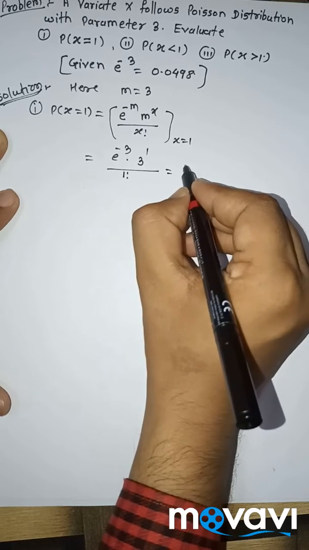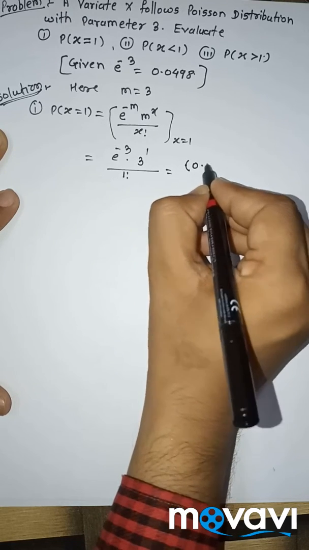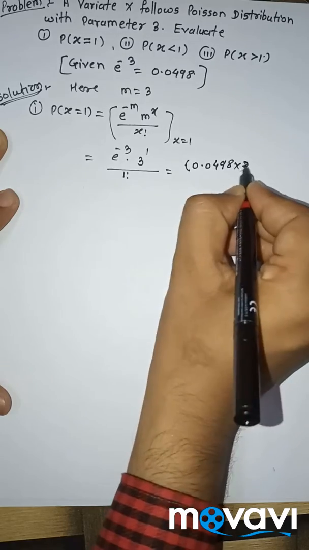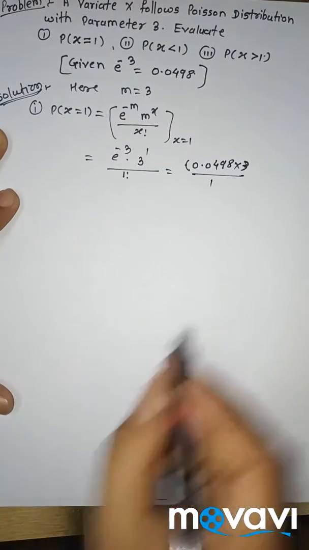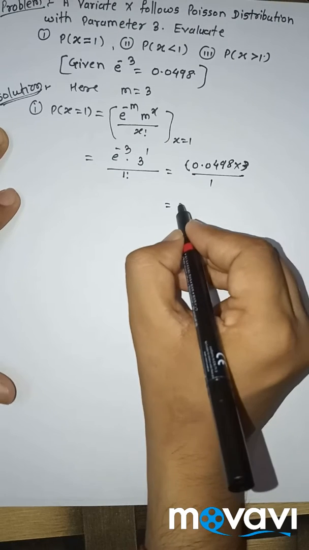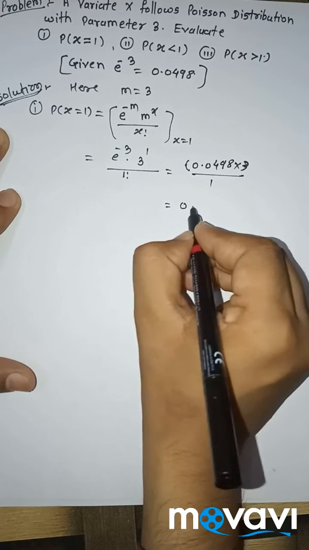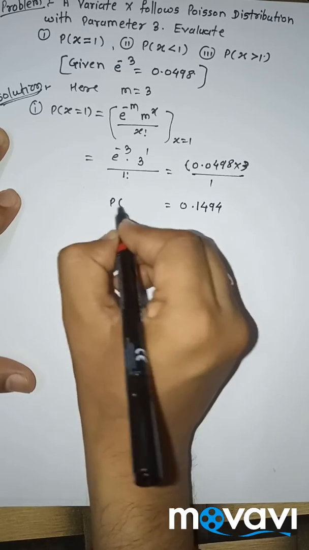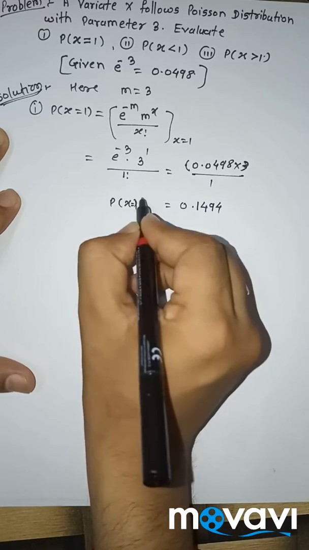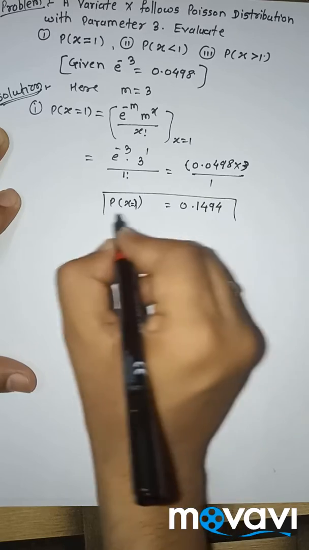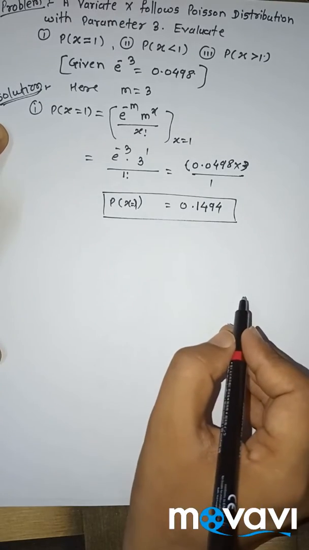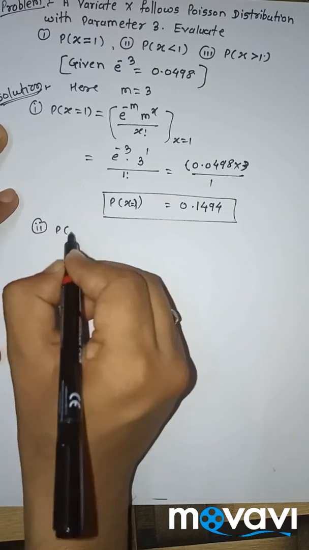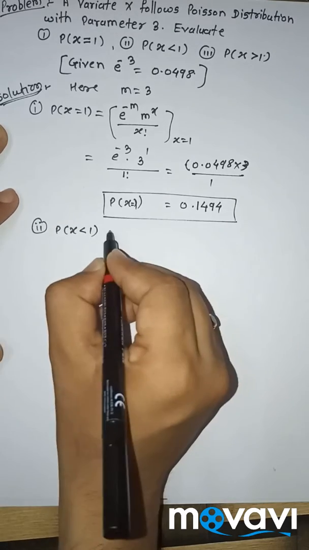This is equal to 0.0498 into 3 upon 1, and this is equal to 0.1494. Means probability of x equal to 1 is 0.1494.